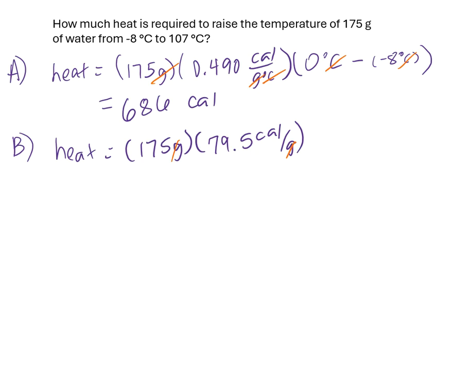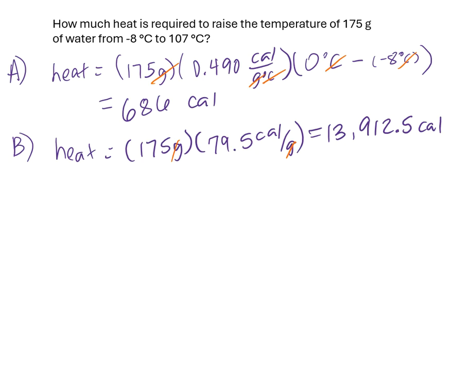And once you do that, it gives you 13,912.5. So that's how many calories we have there. Again, our units cancel because we have a gram divided by a gram. So this is how much energy it takes to simply melt all of this water.